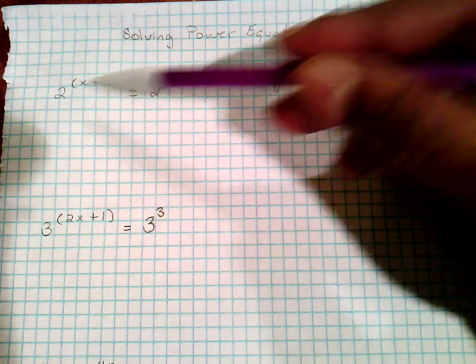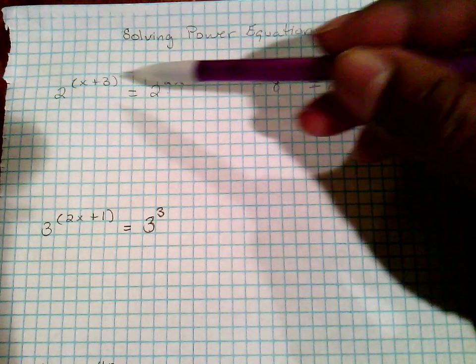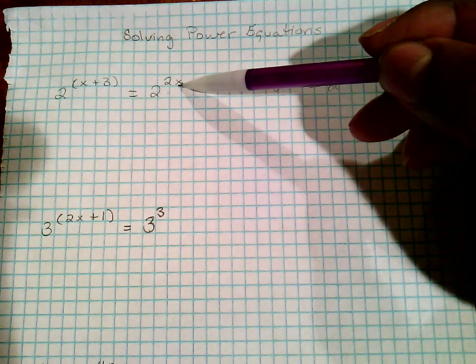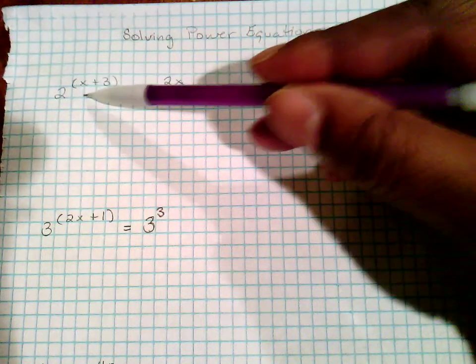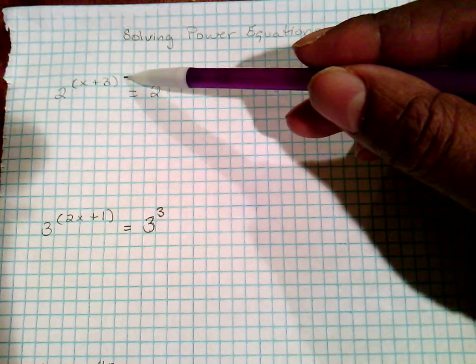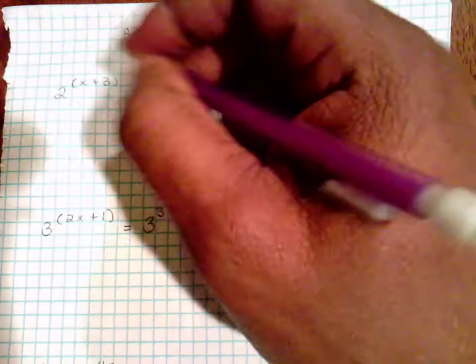So since the base number is the same, then we can just concentrate on the exponents. If our expressions are the same, that would mean that our exponents will also be equal. So we can rewrite our equation as x plus 3 equal to 2x.